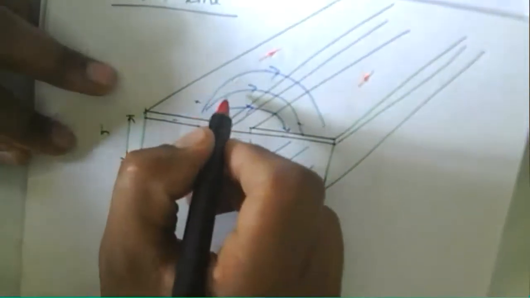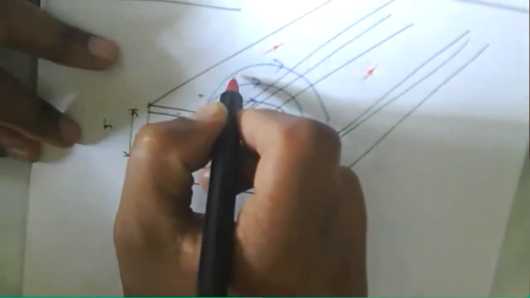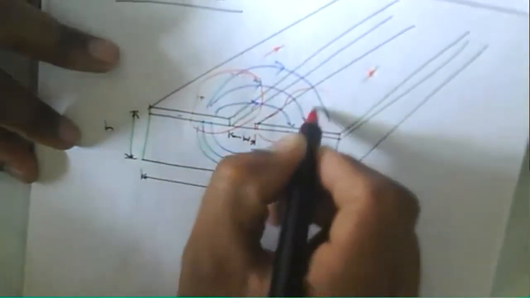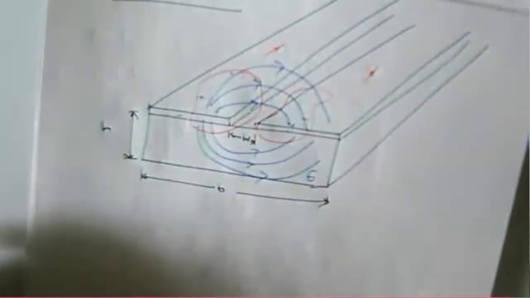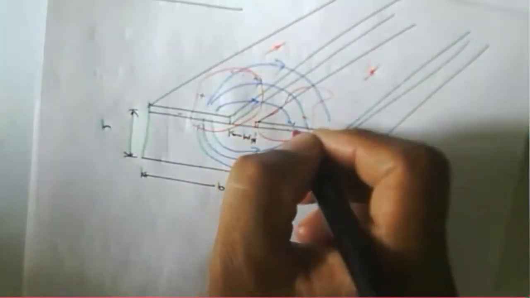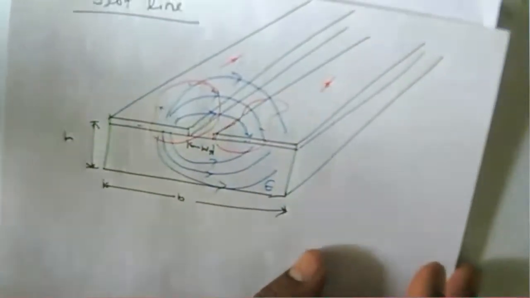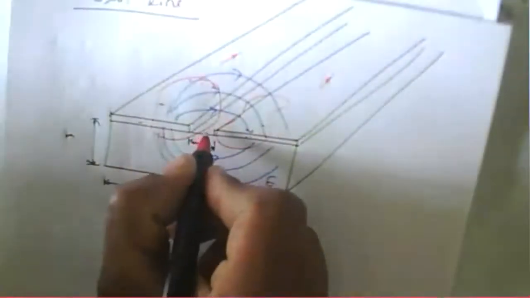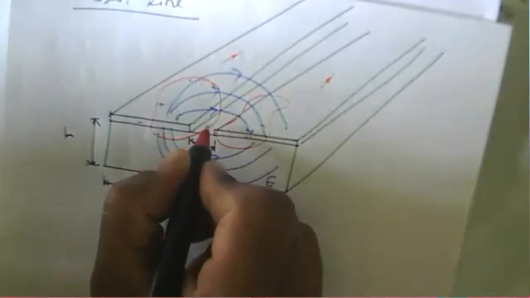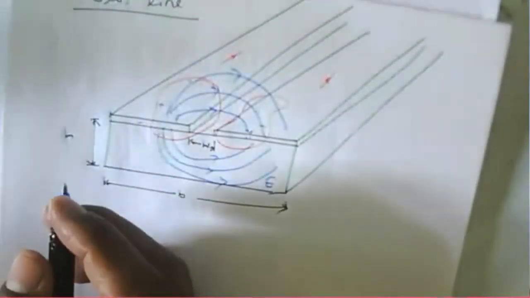Now for the current, since we have these two conductors, sometimes we say the current is positive, sometimes negative. So the current distribution will be separate for each separate wire, upper side and below side.